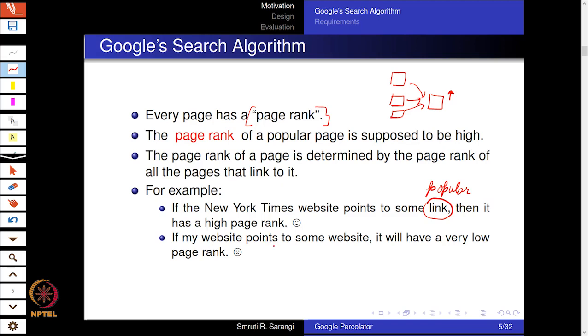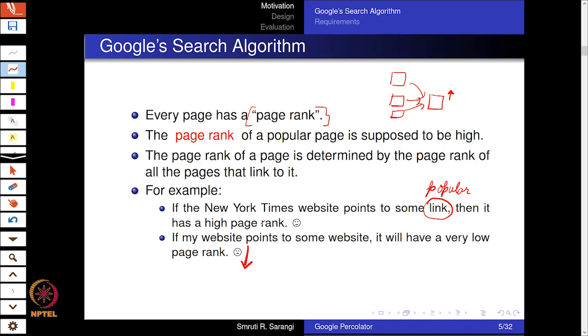I'm Professor Sarangi here. If my website, which is my official IIT Delhi website, points to some other website, since I'm not a very important person, my PageRank is low, so I'll contribute very little to the PageRank of the other page. And of course, if there are many people like me who point to that other page, then that other page will also have a very, very low PageRank.